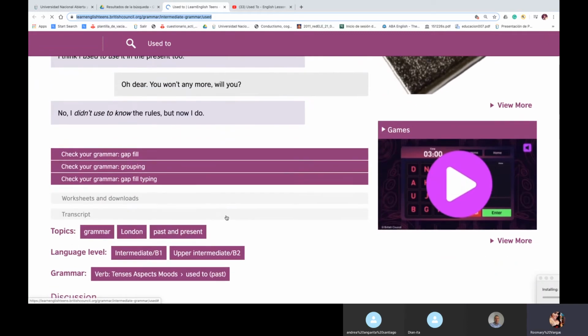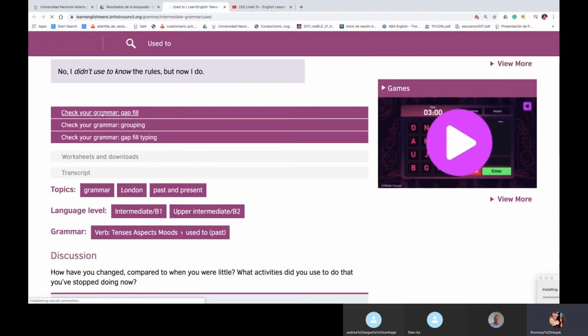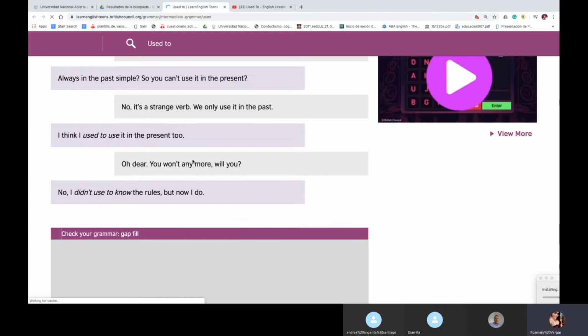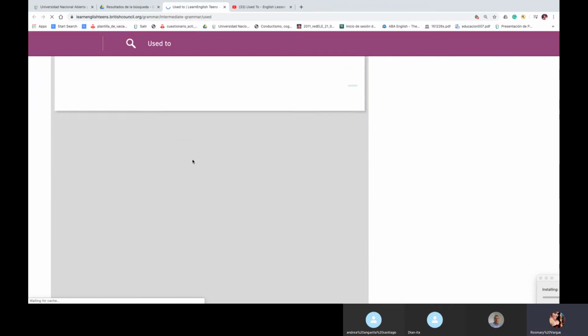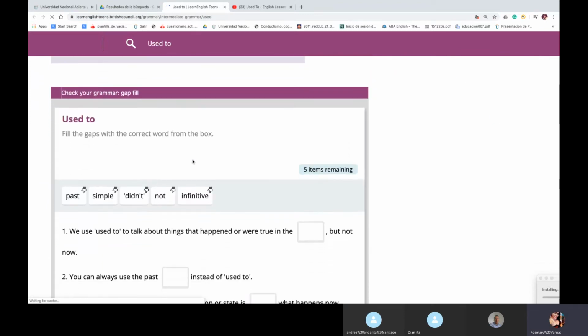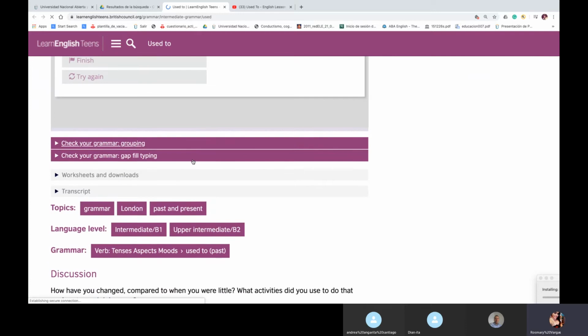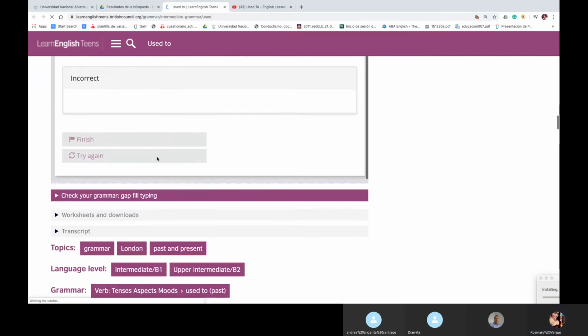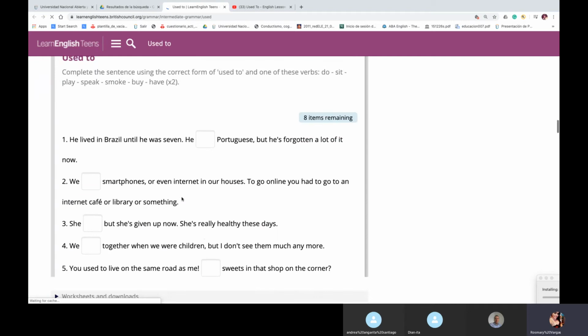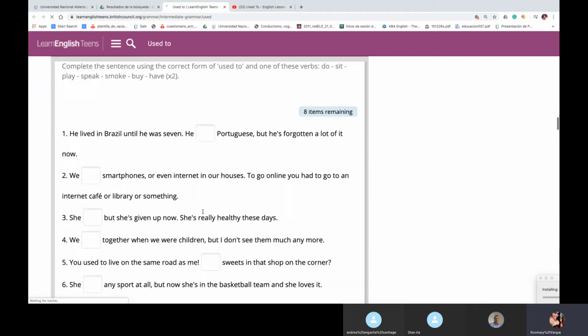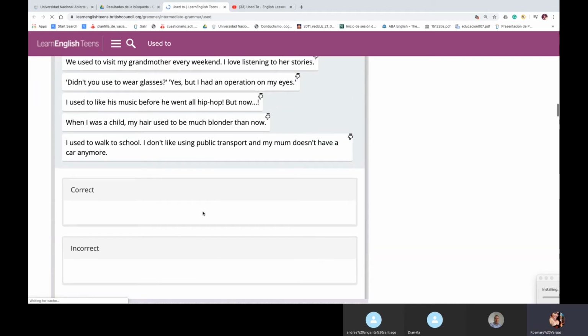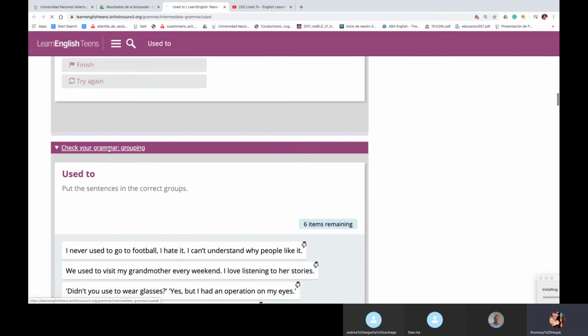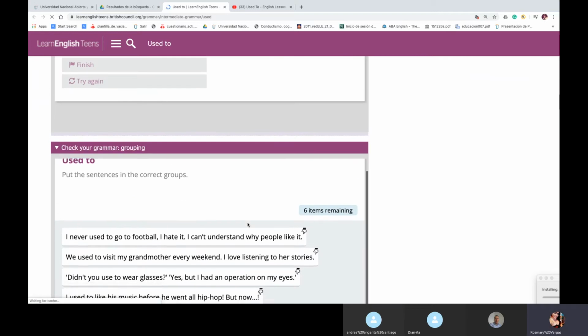Okay, you are going to scroll down on the page and they have three exercises. One is gut feel, and let me check here, regroup. So you can do the second one, check your grammar grouping.